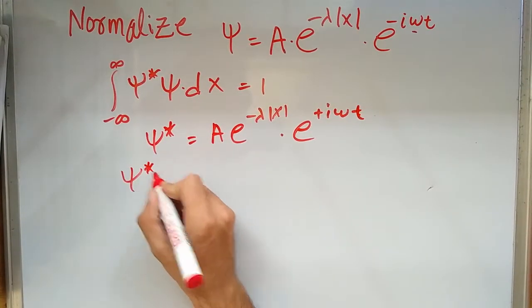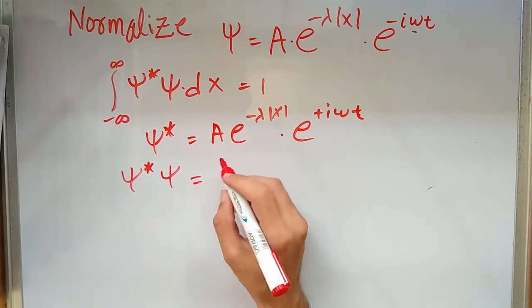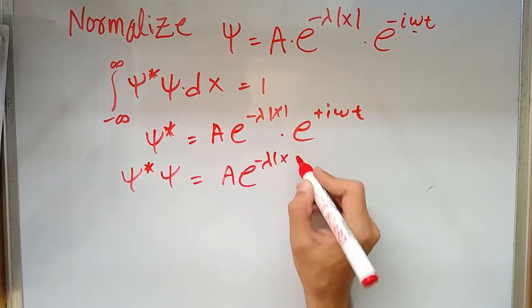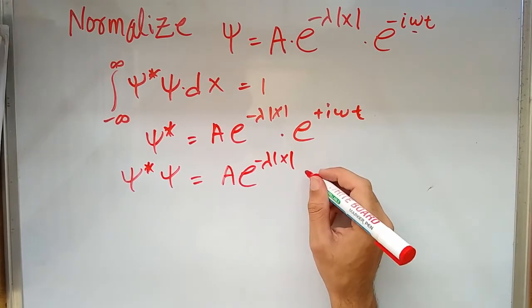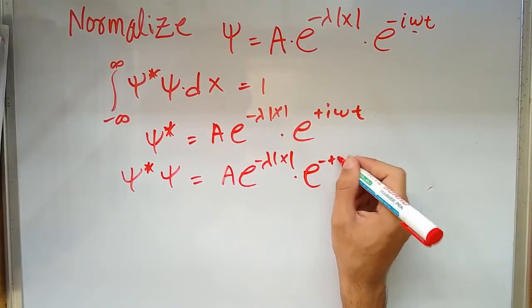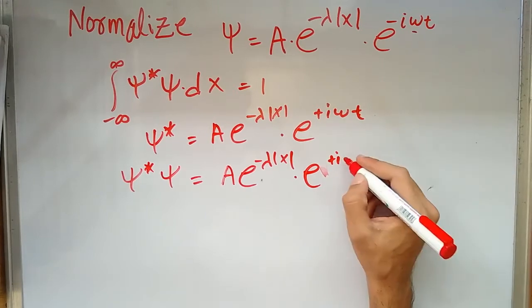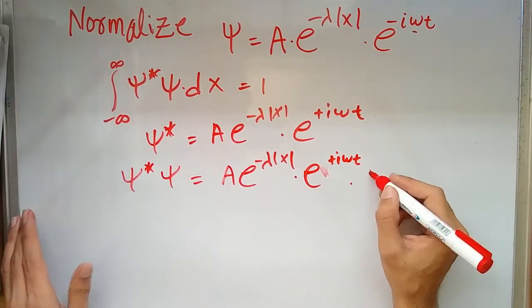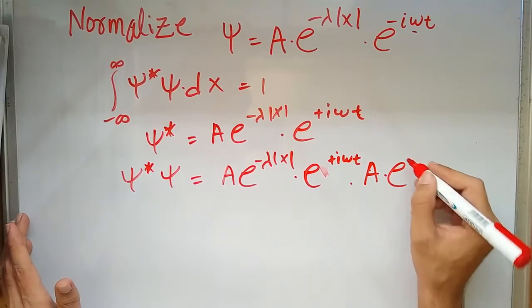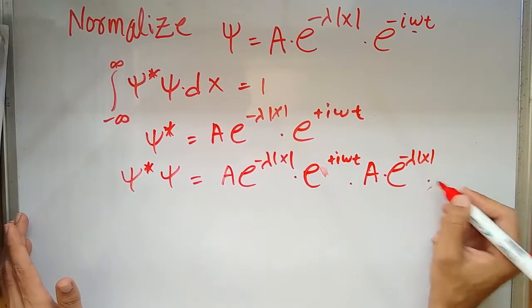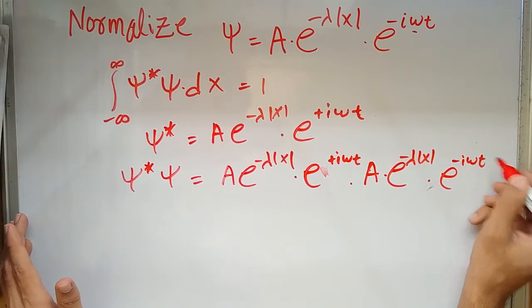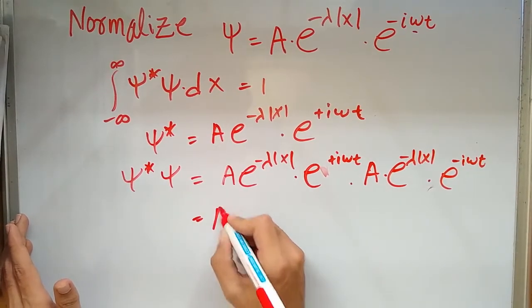So psi star into psi is equal to, first I will write psi star, A e to the power minus lambda mod x, e to the power plus i omega t, into the part psi, A into e to the power minus lambda mod x into e to the power minus i omega t. So we will just simplify.